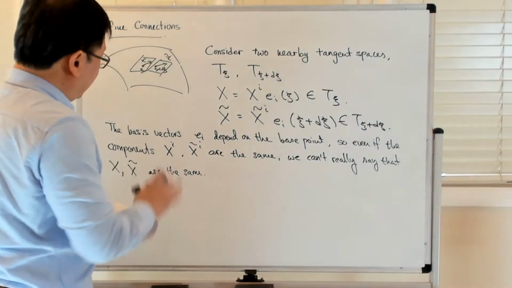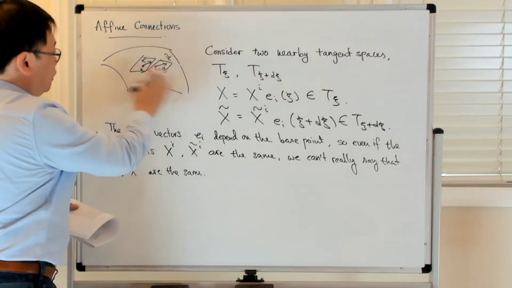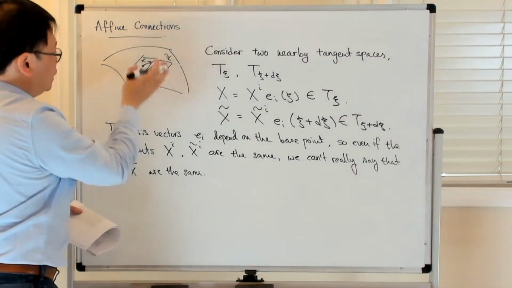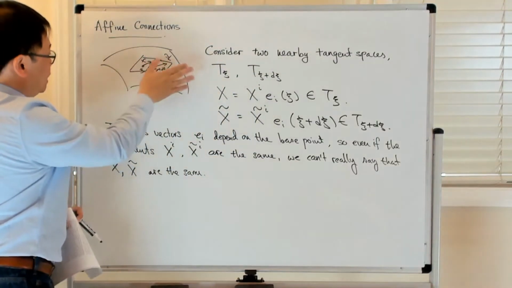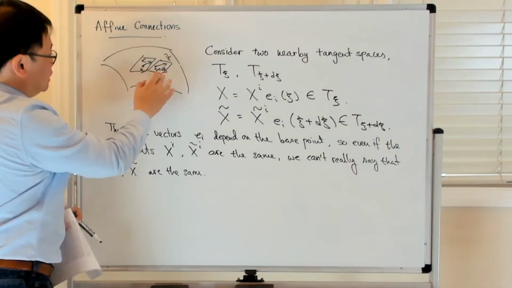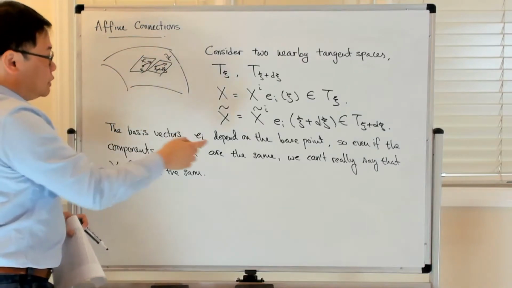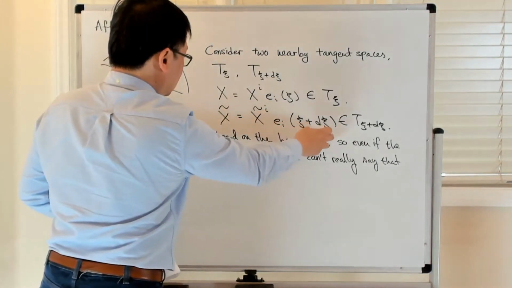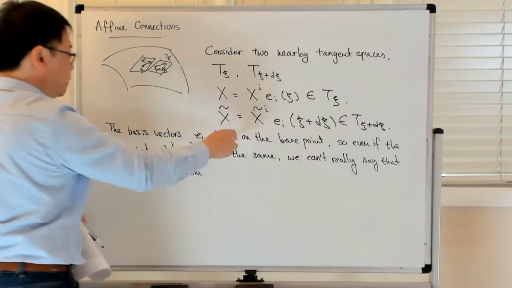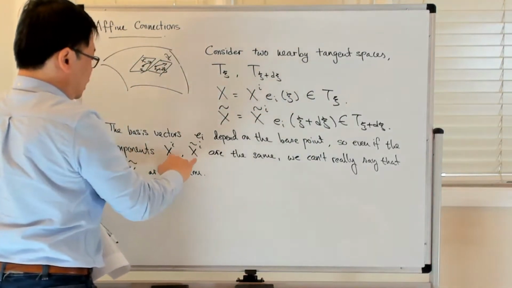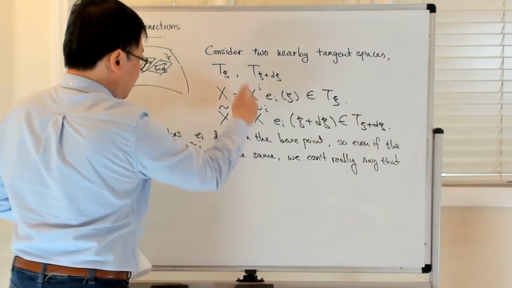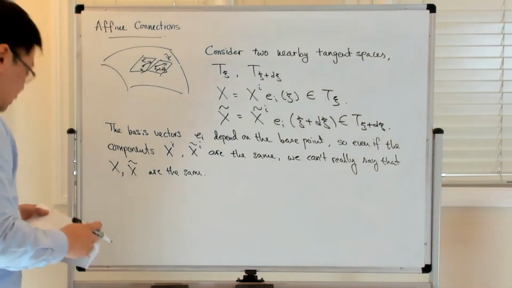Nevertheless, we're working with smooth manifolds, and there's still a well-defined limit. As this delta x goes to 0, the point x tilde, for lack of a better term, approaches x. So there's a sense in which, if the coefficients agreed, these two vectors agreed in some limiting sense.